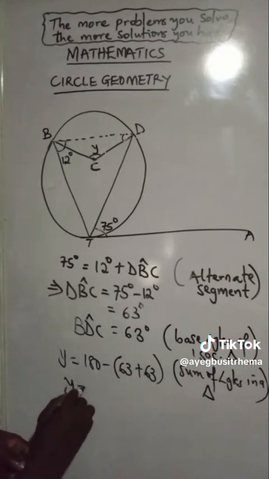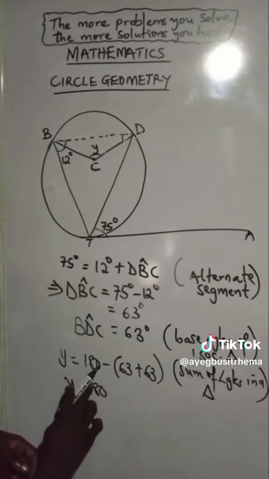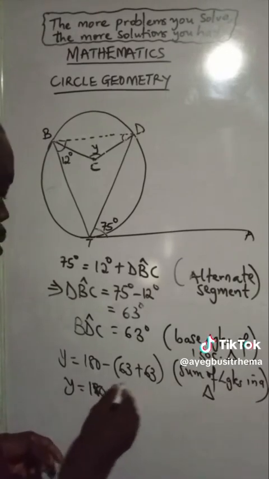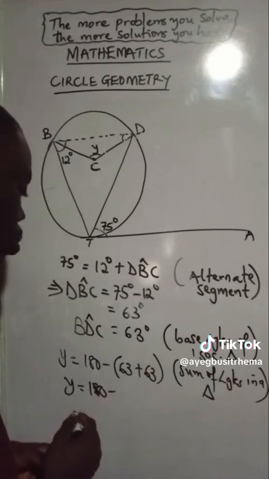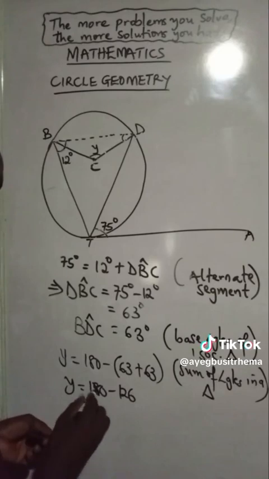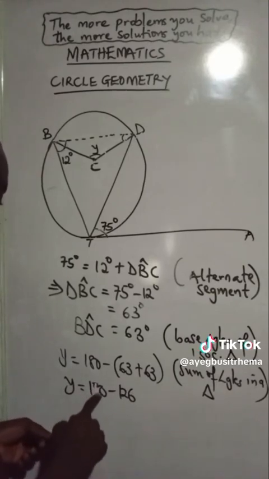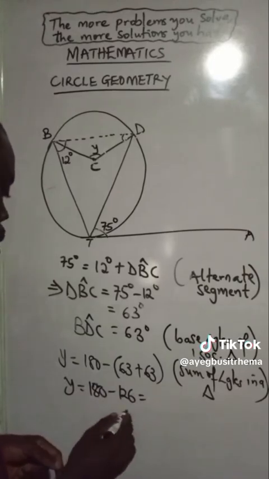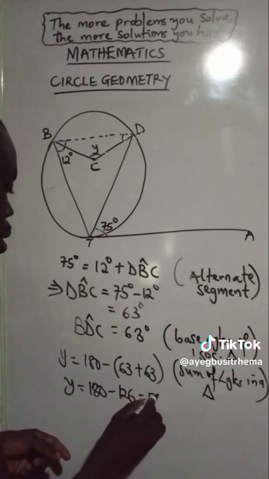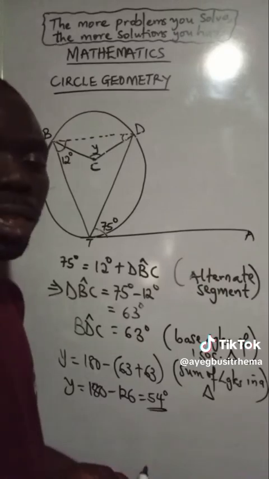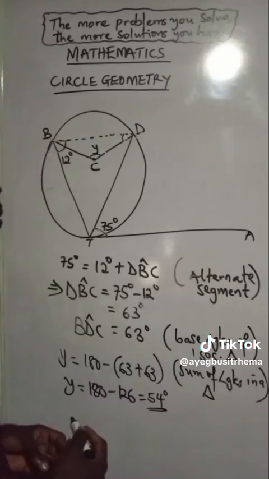So y equals 180 minus, this is 63 plus 63, which is 126. 180 minus 126 should give us 54 degrees. Alright? 54 degrees. That's the angle y we're expected to find.